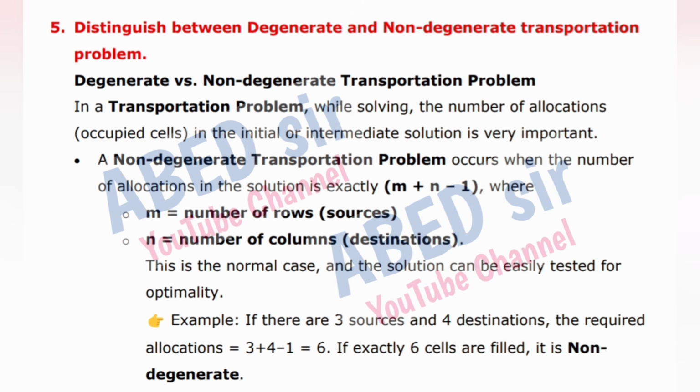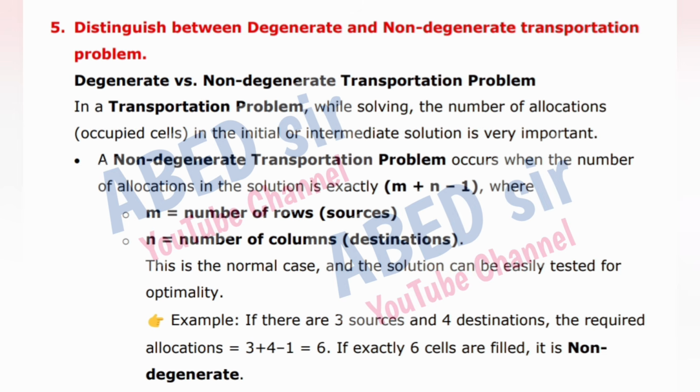A non-degenerate transportation problem occurs when the number of allocations in the solution is exactly m + n - 1, where m is the number of rows, sources, and n is the number of columns, destinations. This is the normal case, and the solution can be easily tested for optimality.